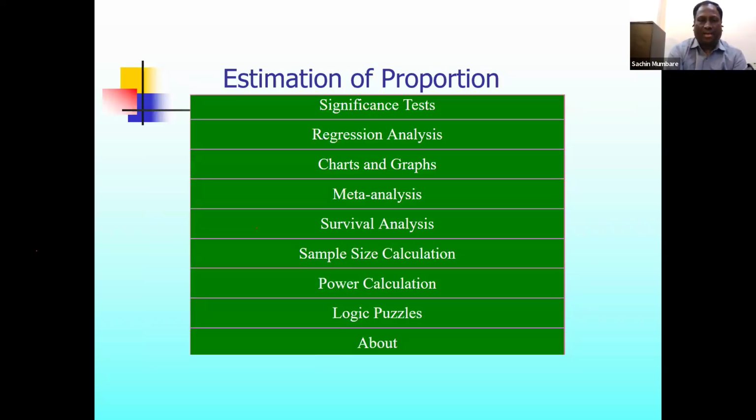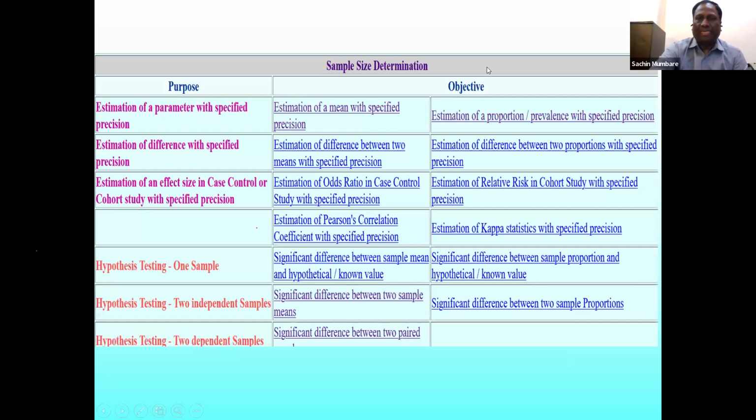So this is the home screen for DRSM. In the home screen, you can see various facilities available on DRSM. You can use this for applying any significance test or regression analysis, etc. We are interested only in sample size calculation. So I'll click on sample size calculation, and these are the various options available depending on your objective.